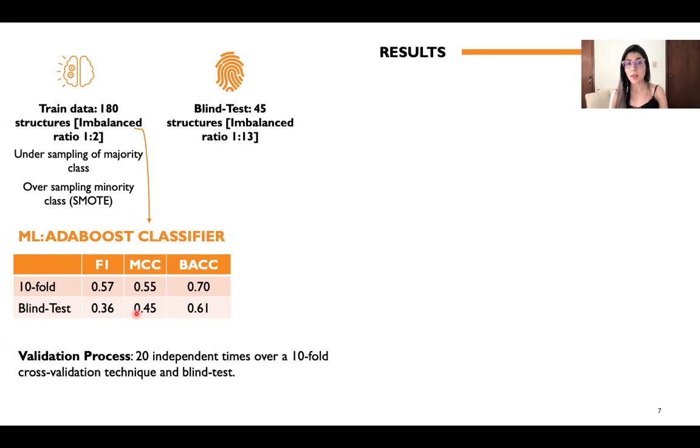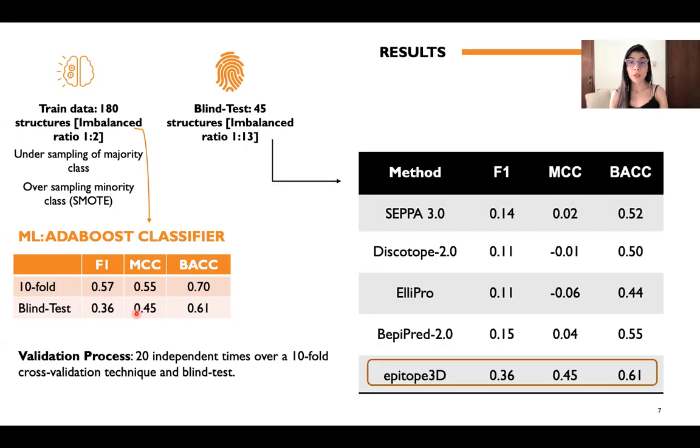So we take it and we compare our model with other well-known B-cell epitope prediction tools like CBTOPE, DiscoTope, ElliPro, BPredictor. And as we can see in all the columns here, EPITOPE 3D outperformed all of them, reaching MCC of 0.45 and F1 score of 0.36. And even in a highly imbalanced set, here we have 1 to 13 imbalance ratio.